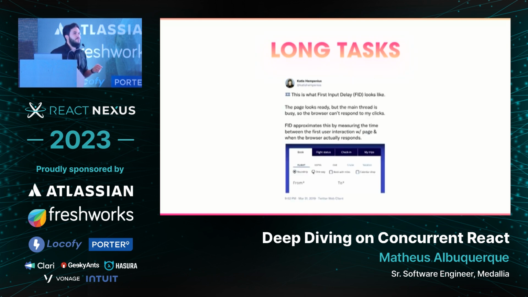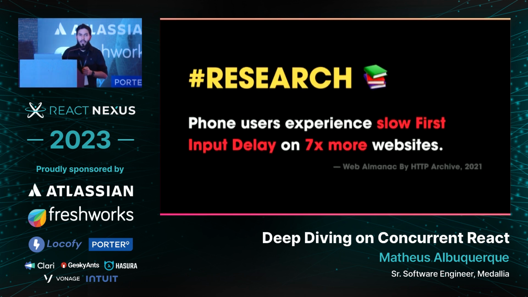And not only are these real, but we even have metrics, for example first input delay or interaction to next paint and others, to figure out how bad these are. And we have tons of research on the topic as well. For example, a couple of years ago it was found that first input delay can be experienced 7 times more on mobile.